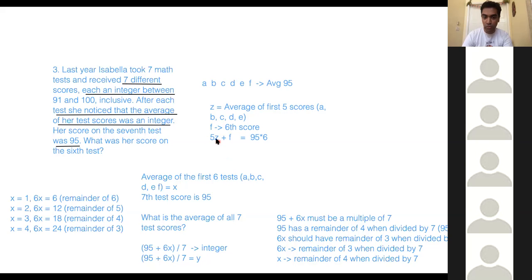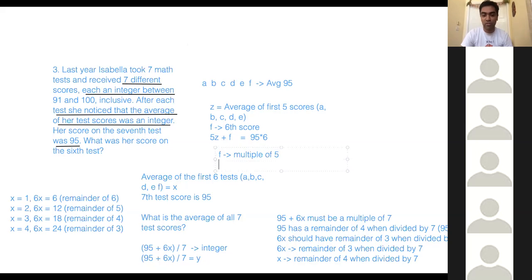So yeah, I have a multiple of 5. I want to add something to it, and it should still be a multiple of 5. So what should F also be? Good. So F should also be a multiple of 5.